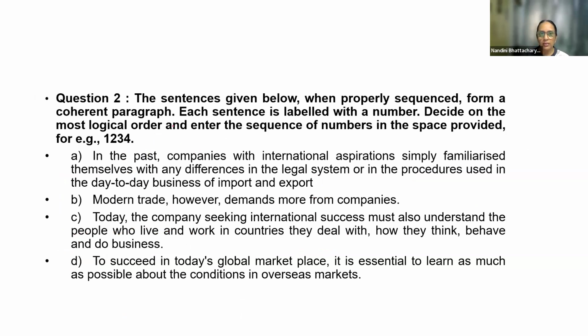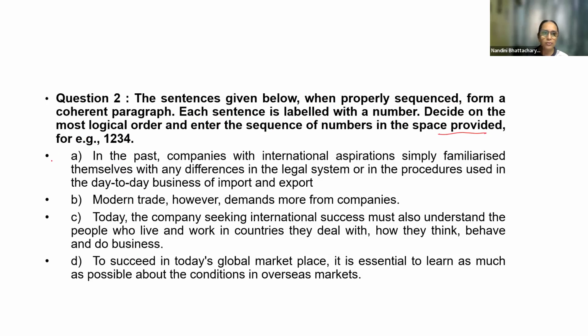The sentences given below, when properly sequenced, form a coherent paragraph. Each sentence is labeled a number. Decide on the most logical order and enter the sequence of numbers in the space provided. So you will be given a space in which you have to write the order.